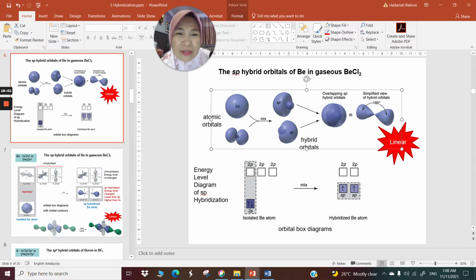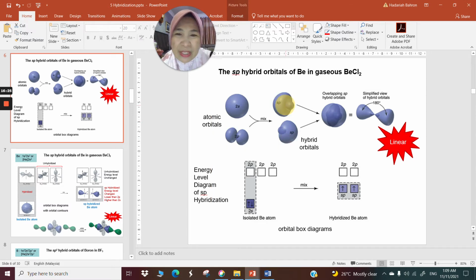So you have s, p, s, p. One s orbital with one p orbital will produce two sp orbitals. S plus p makes sp plus sp.